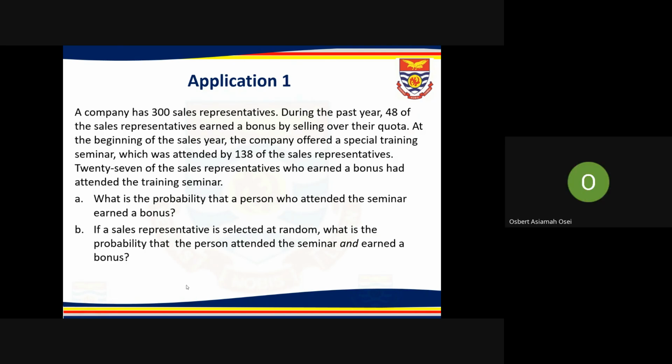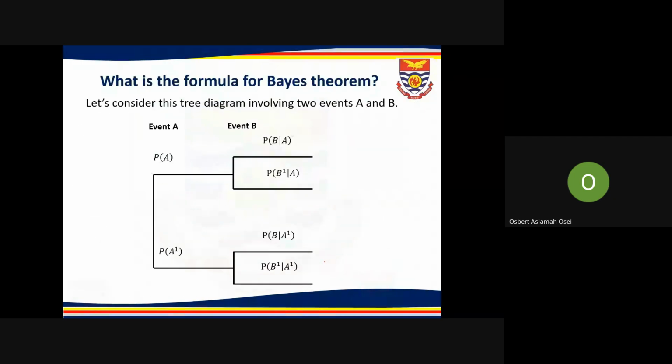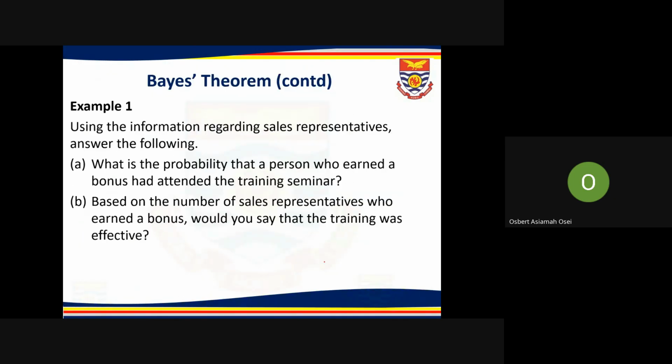So now let's move on to our question. Let's pay attention to this one. We are now using this question: what is the probability that a person who earned a bonus had attended the training seminar?